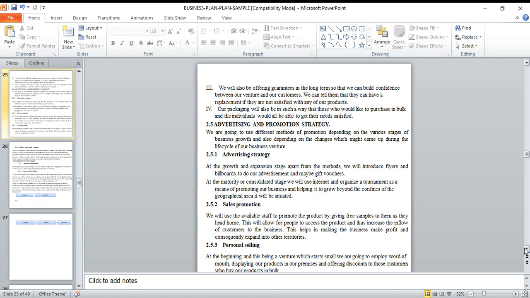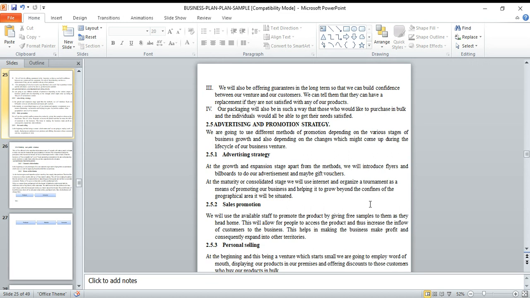Number three, we will also be offering guarantees in the long term so that we can build confidence between our vendor and customers. Then our packaging will also be in such a way that those who would like to purchase in bulk and the individuals will be able to get their needs satisfied.